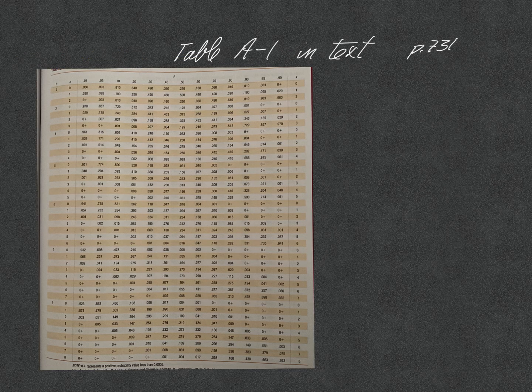So I have a picture here of table A1 from our textbook. It's on page 731 in your textbook. And this table is a binomial PDF table. It is the binomial PDF table.